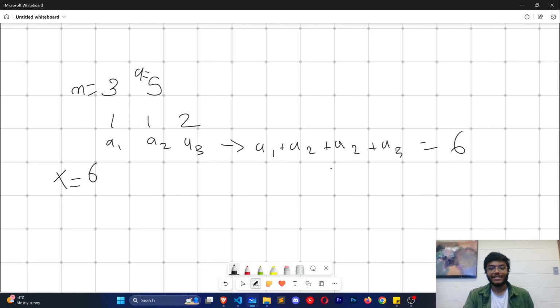So again, if you see, all the elements besides the first and the last element would get added twice, right? So what I thought of doing was, I'll just take the sum of all the elements twice, and then I'll have to just reduce two elements from the whole sum, right?